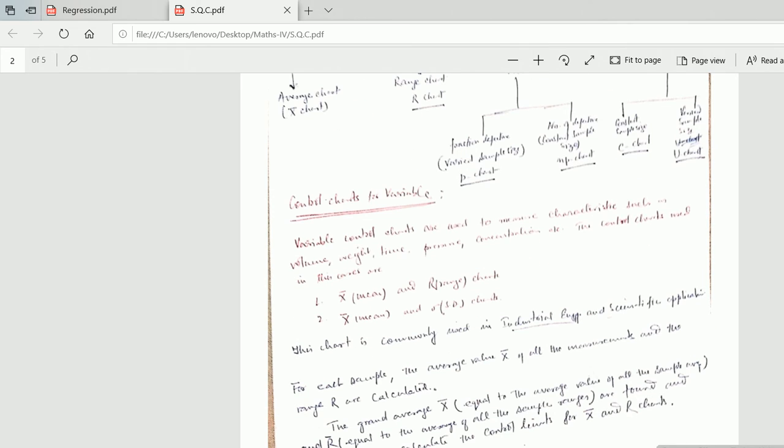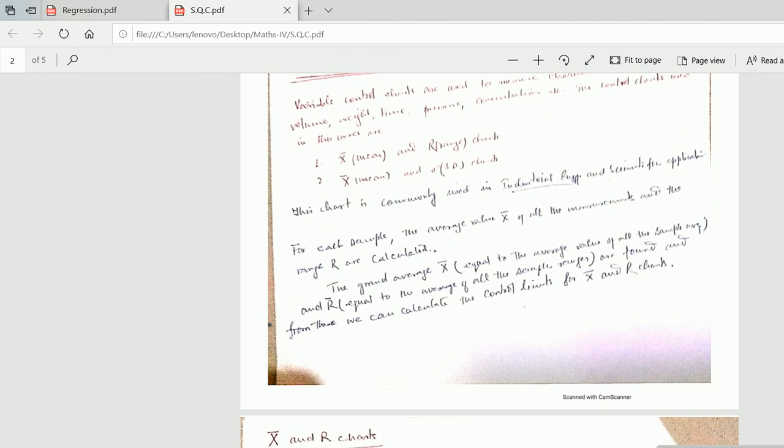So, control charts for variables. Variable control charts are used to measure characteristics such as volume, weight, time, pressure, concentration, etc. The control charts used in this case are X bar and R charts, and X bar and sigma charts, that is S charts. This chart is commonly used in industrial engineering and scientific applications.